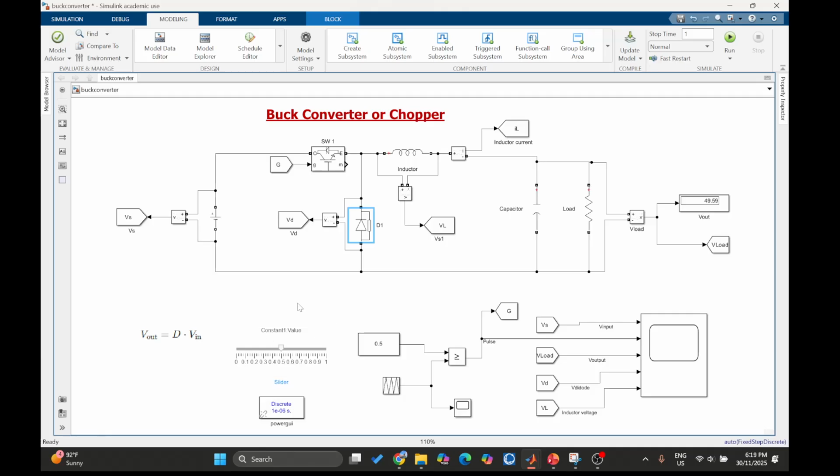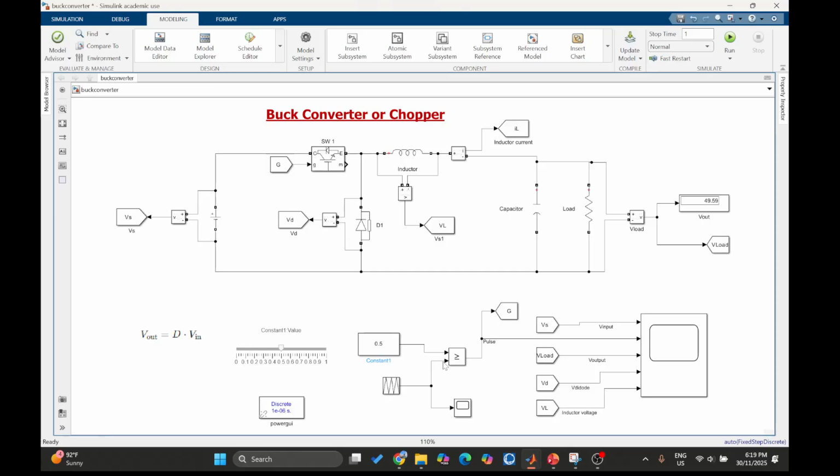Now, if you look at the bottom side, you will see that this slider is connected to the constant here. With this constant I am defining a variable, the PWM gate pulse.